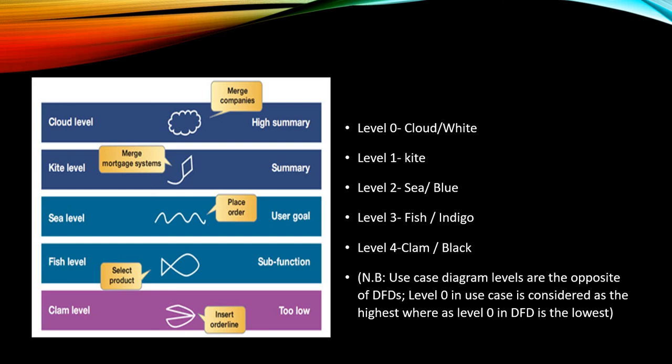Use case diagrams are opposite of DFDs. The level 0 in use cases is considered the highest level, whereas the fourth level, that is the clam level or black, is known as the lowest level.